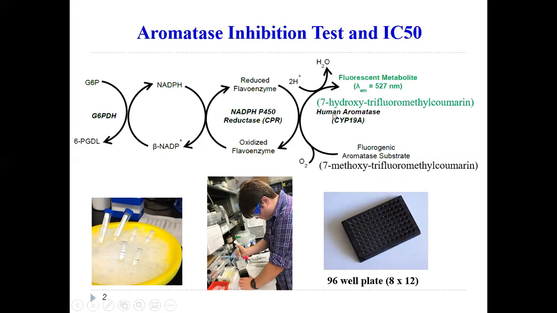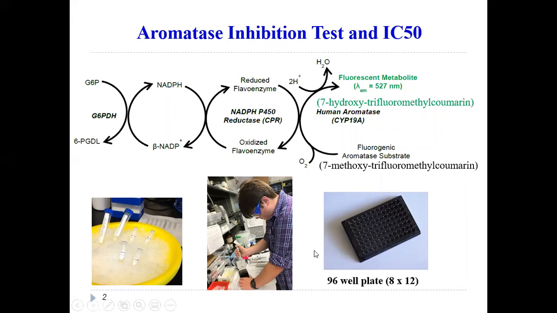The enzyme we're looking at is human aromatase, and CYP19A is the code for human aromatase. What's really important is that you understand we are going from something that is not fluorescent into something that is fluorescent, and so we are measuring the amount of fluorescent product that is generated.